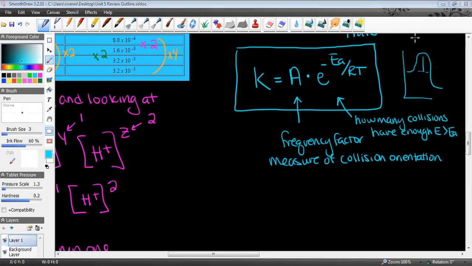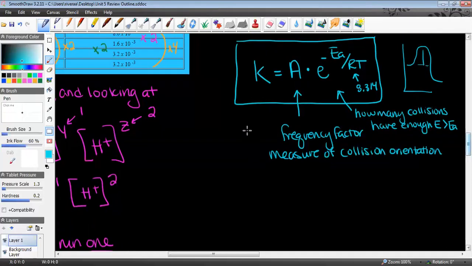And R is your energy R. So this equation allows us to look at how temperature and activation energy, those are the 2 factors, determine whether or not a collision was effective, whether they have the correct orientation and enough energy to get up over that barrier. And this R is 8.314, that's our energy R.